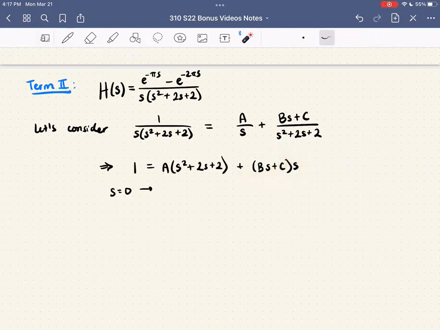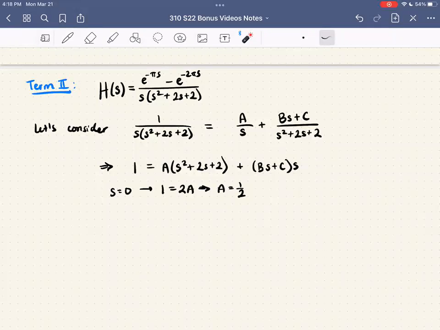That would get rid of that. And if I plug in, I would get 0 plus 0 plus 2. So I'd have 1 is equal to 2A, or in other words, A is equal to 1/2. It's not super obvious what to plug in next. So instead, let's just focus on setting A equal to 1/2 and then equating coefficients.